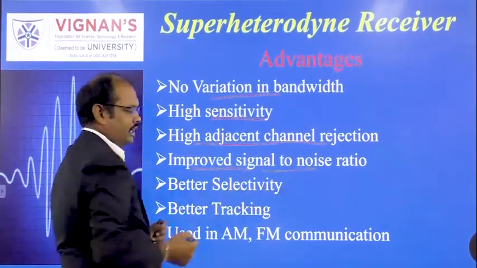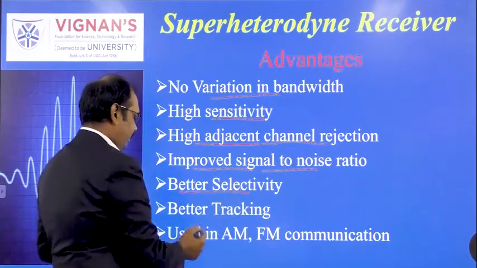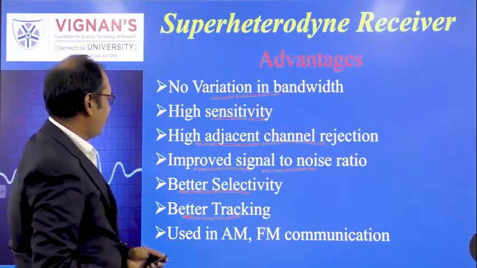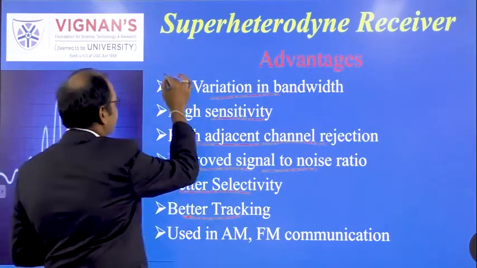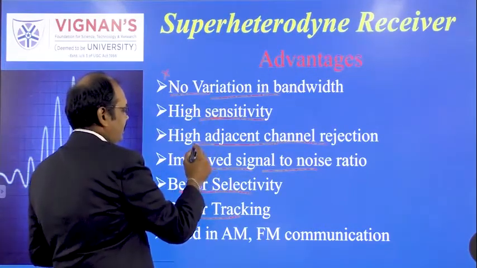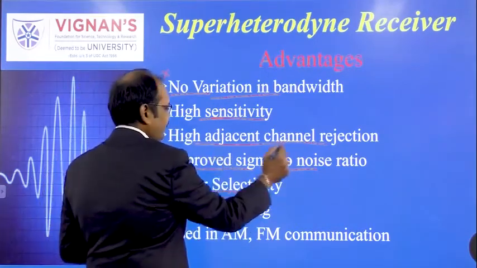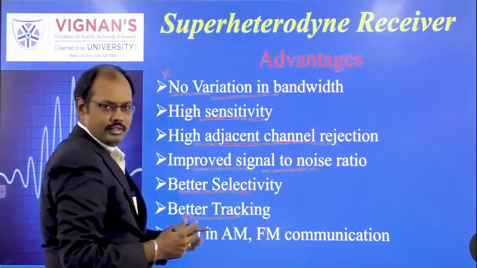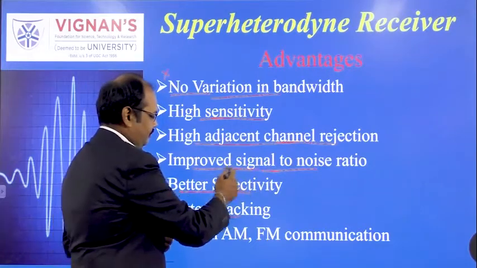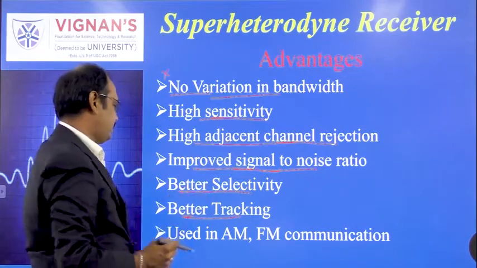Improved signal to noise ratio, SNR is greater in the superheterodyne receiver, better selectivity, better tracking, and it is used in AM and FM communication. So the main points are no variation in bandwidth, high selectivity, the ability to reject adjacent channel frequencies and unwanted frequencies, and high signal to noise ratio.